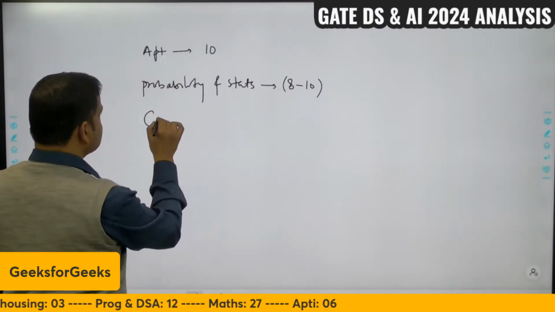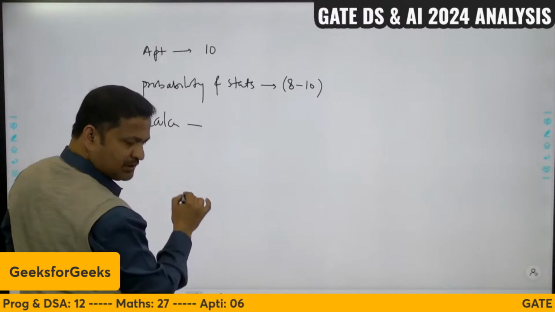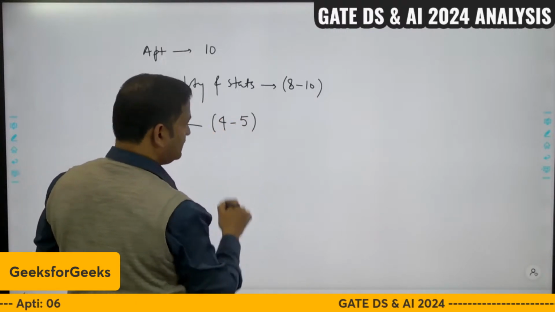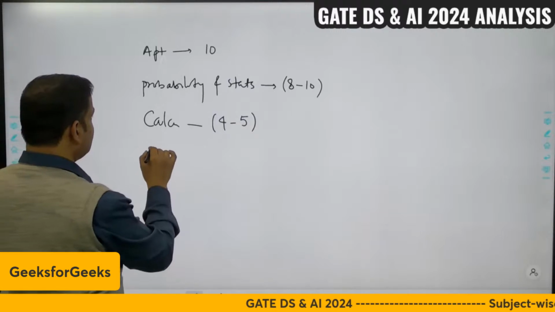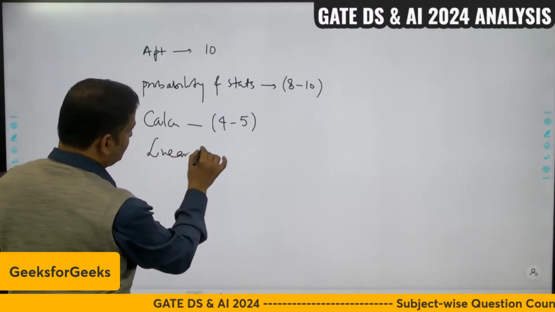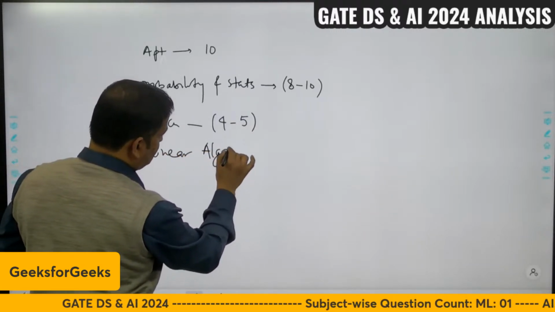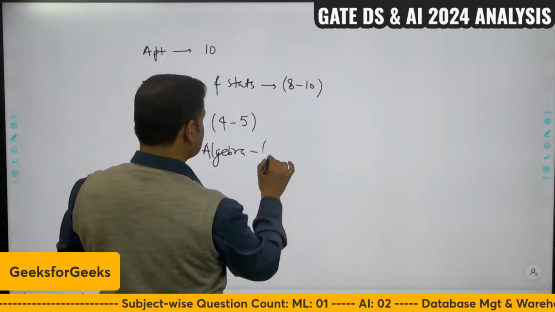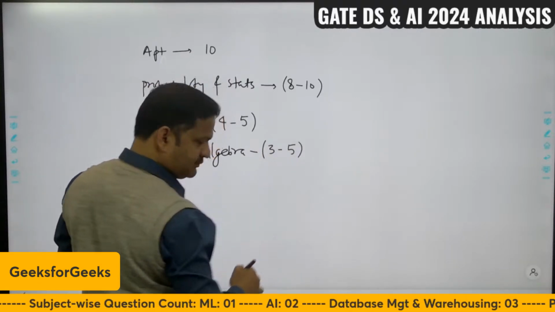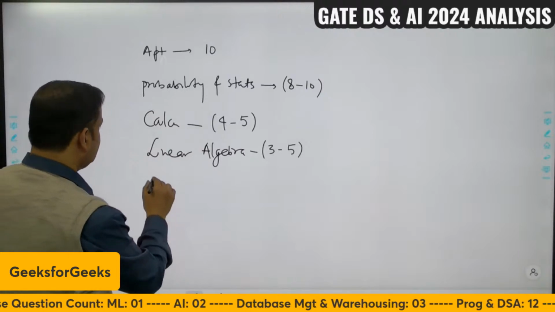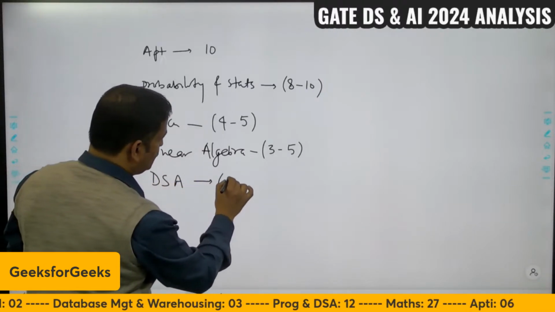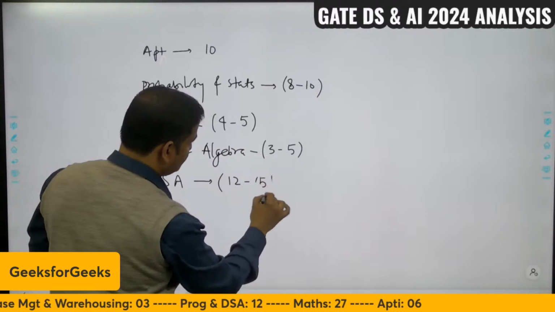Then calculus: 4 to 5 questions. From linear algebra, around 3 to 5 questions. And from DSA itself, there were around 12 to 15 questions.